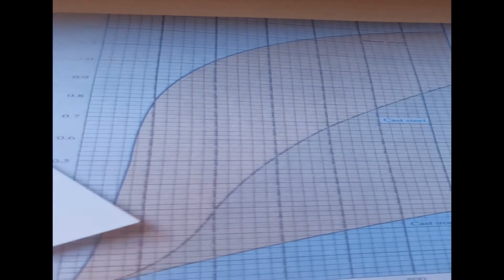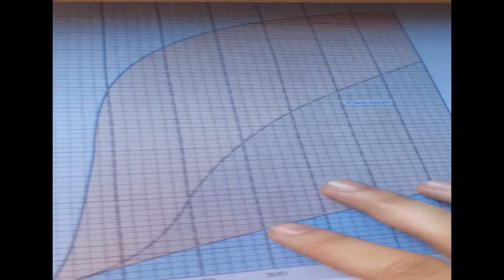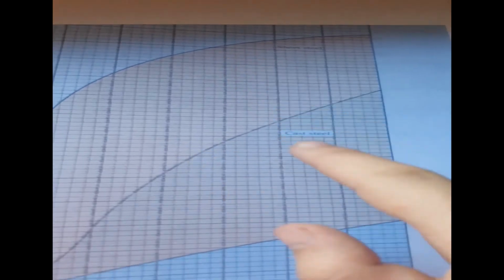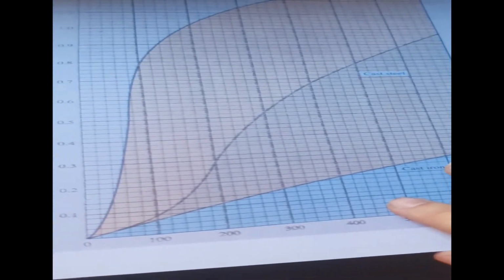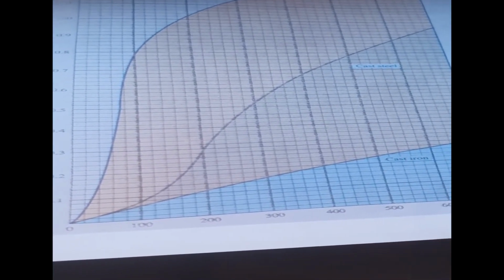Okay, so let's get our nice paper. This one should go up to where we need to go. And we have this line here is for the sheet steel, and this line here is for the cast iron. No, this one here is for the cast iron.